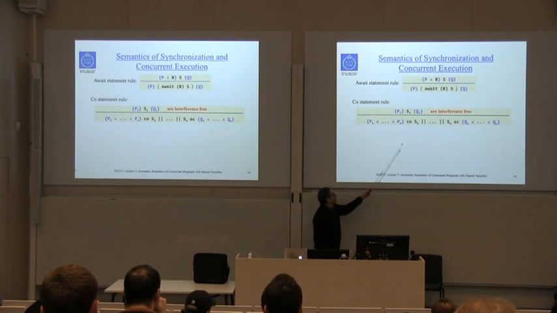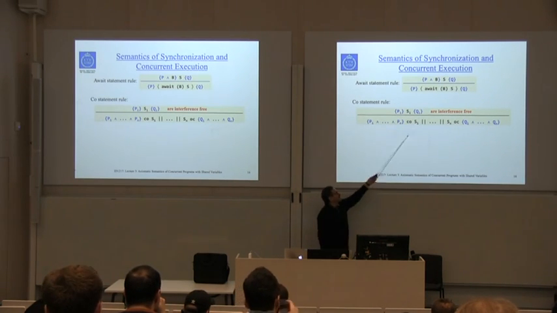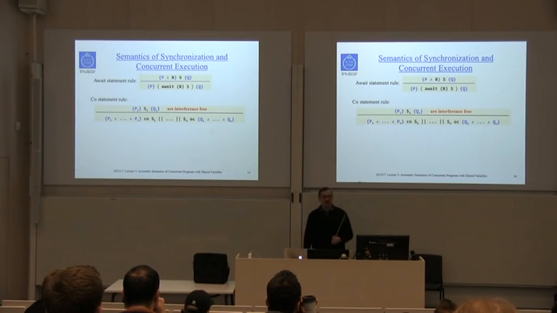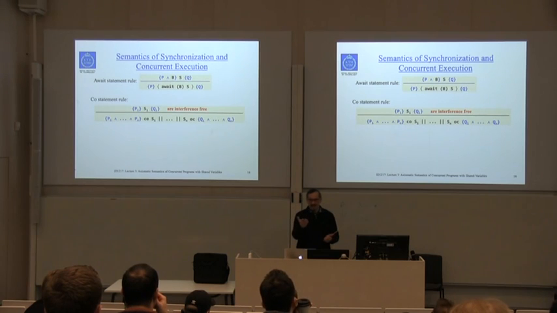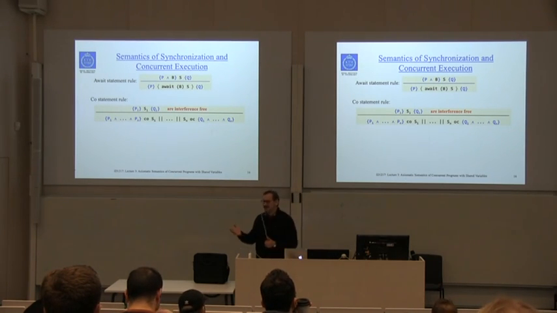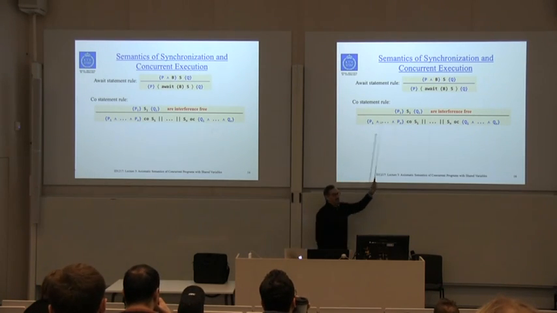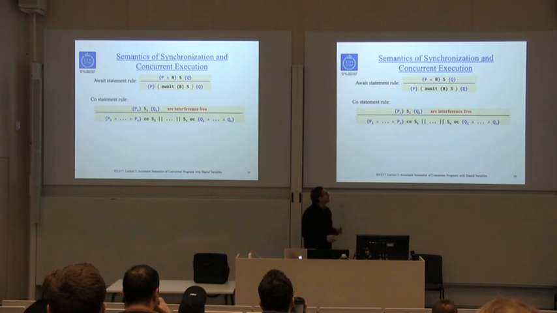But the initial predicate for the entire cobegin statement should be the conjunction of all initial states for the threads, so that all of them start, right? Conjunction is the AND operation. You remember conjunction, disjunction? So it should be P1 and P2 and P3 and P4, conjunction.